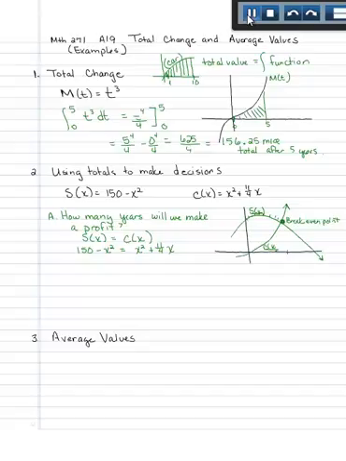I chose to graph mine and look for the point of intersection, and when we do, we get x equals 8, and then if you plug that in, you get y equals 86. So at the point of 8 years, if these represent years for our x value, we will experience more savings than cost for the first 8 years, and then after that our cost will overtake our savings.